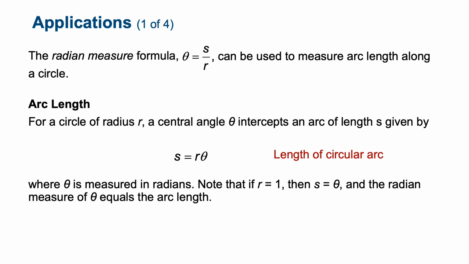Multiplying both sides by R, for a circle of radius r and a central angle theta, this central angle intercepts a piece of the circle, giving us an arc of length s, and to find that actual length, we get r times theta. If the radius is 1, then the arc length is equal to theta, and the radian measure of theta equals the arc length.